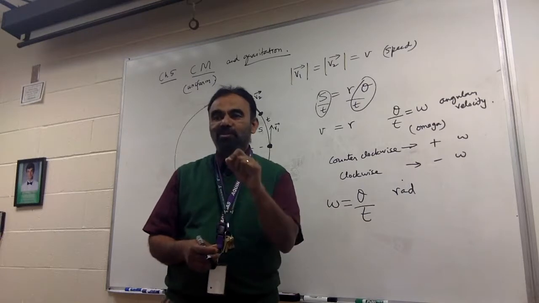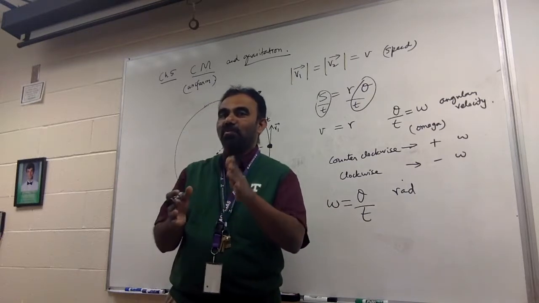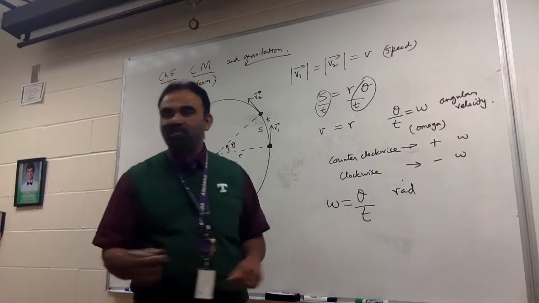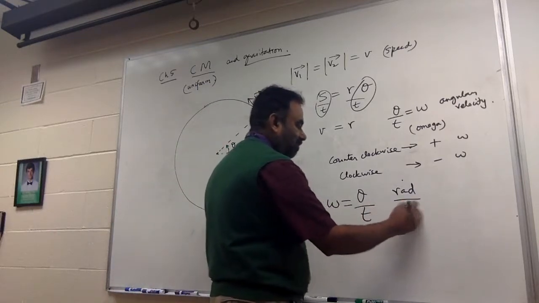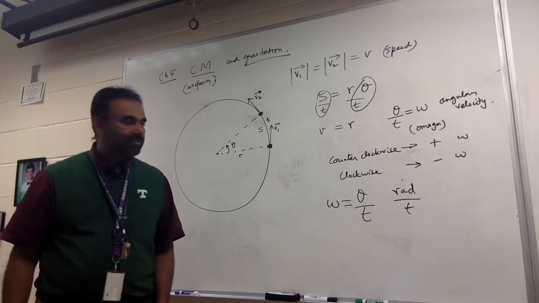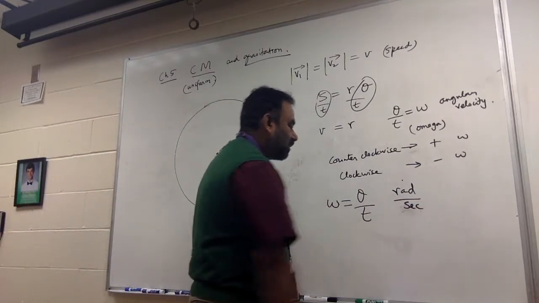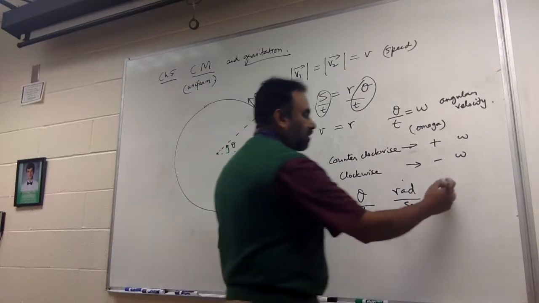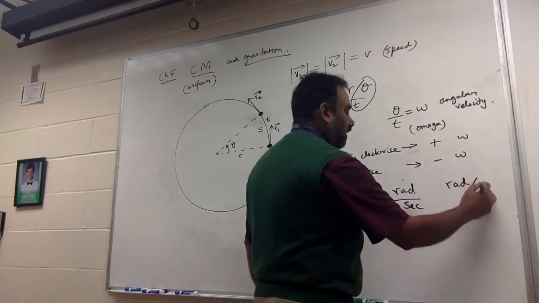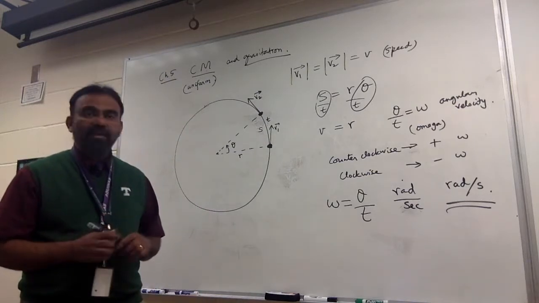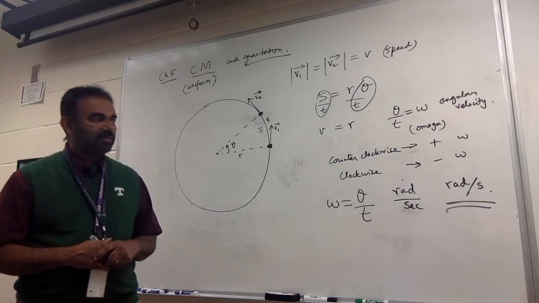So in order to relate to what you're measuring, it's better to write something. That's why that something is radian. Divided by? So radians per second, that's the unit. This is how we write it. The unit of omega is radians per second.